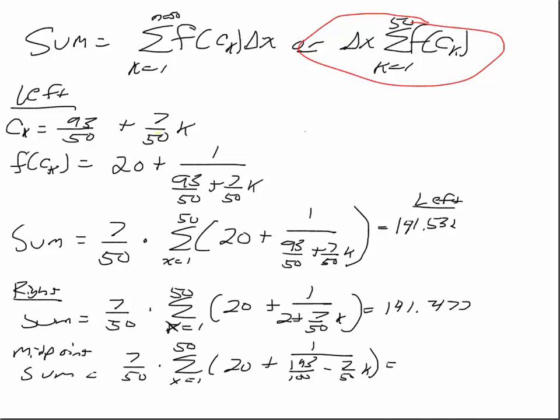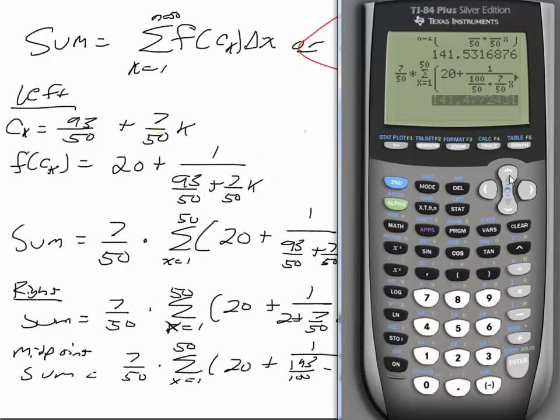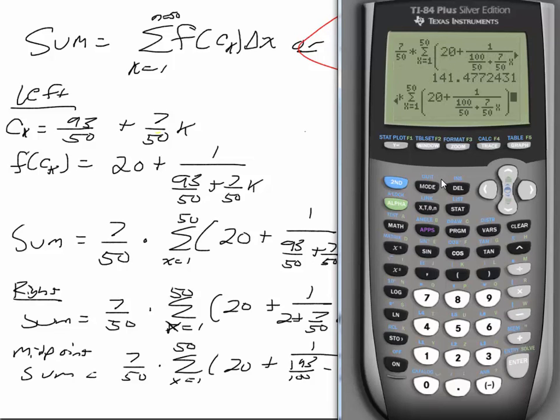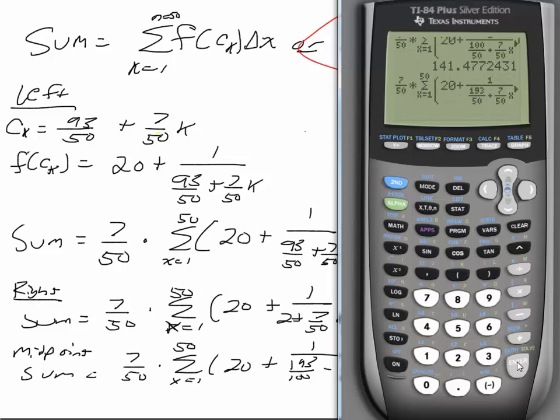So again, I go up to here, hit enter, and this is now 193, so we'll just overstrike that. And that should be good to go. 141.023.